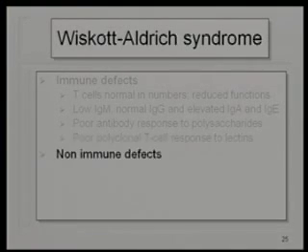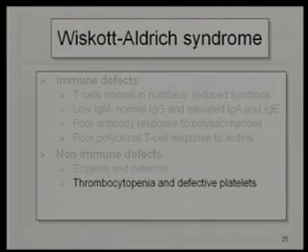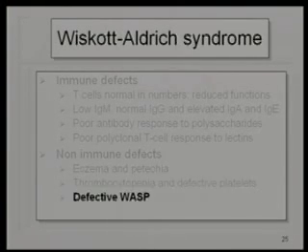Okay, non-immune defects in these: eczema and petechiae, because that is associated with high IgE levels. That's what I was referring to. Okay, thrombocytopenia and defective platelets are observed in these patients as well. And there is a defect in a protein called Wiskott-Aldrich syndrome protein.